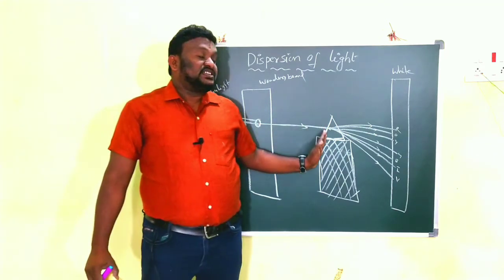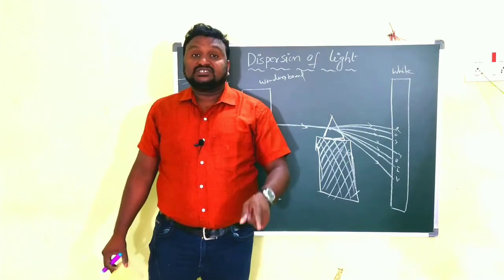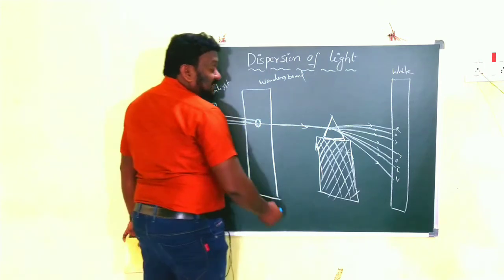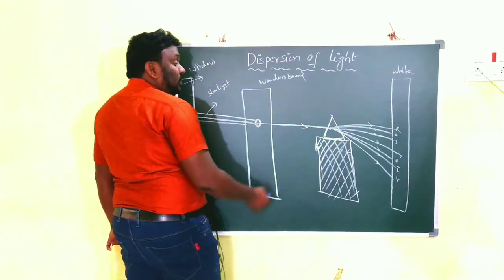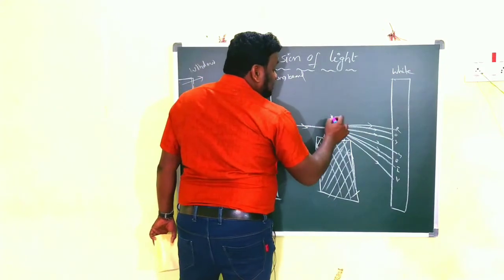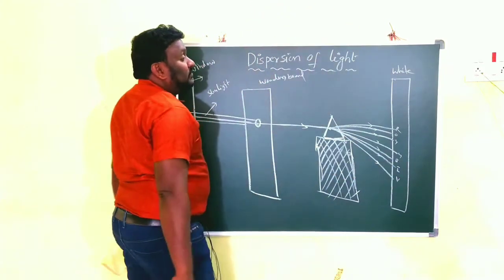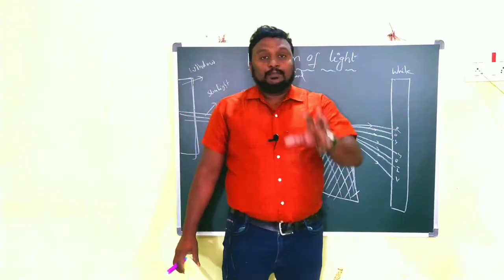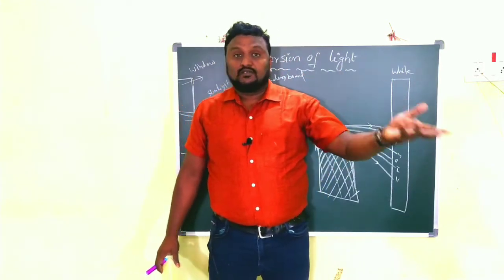When it is incident on the prism, here we have to take one precaution. The light which is coming from the hole should split on the prism. After that only the light is split into a number of wavelengths and formed on the white paper. So the colors we obtain on the wall or paper are called the spectrum of colors.